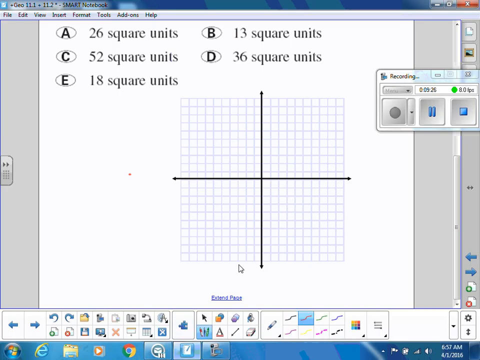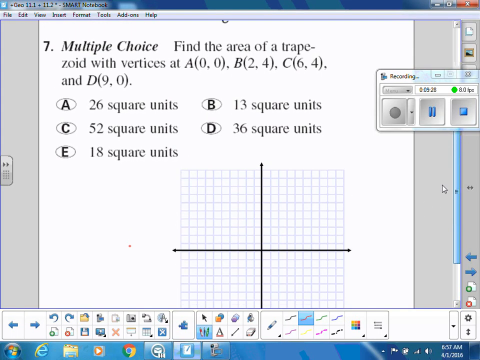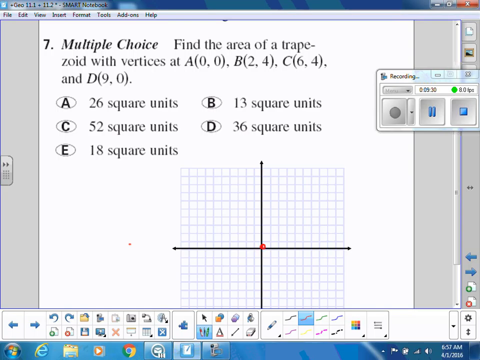So if we graph these points, we're at 0, 0, 2, 4, 6, 4, and notice how they made that nice and easy to figure out, and then this is 9, 0. So here's our trapezoid. So the height and the bases will be very easy to figure out.